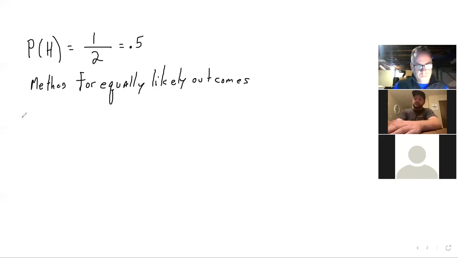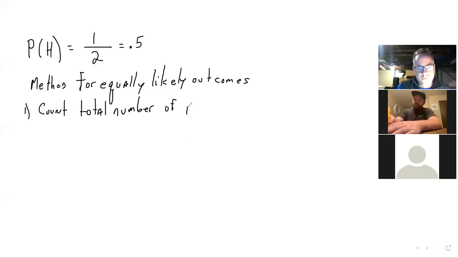One, count the total number of possible outcomes. Two, this is where we'll differentiate outcomes and events.